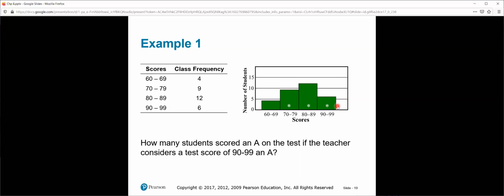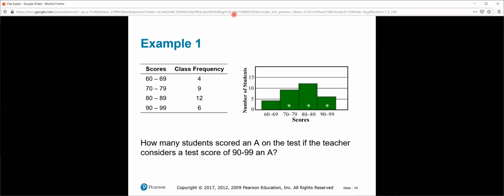Again, that's something that could have been done with most any chart, but a histogram does the best job of explaining how many students got an A, because an A is quantified by this box. If I want to know how many students got a 95 or higher, this histogram does not do a good job of that. But how many students got 90 or higher, this histogram does a really good job.